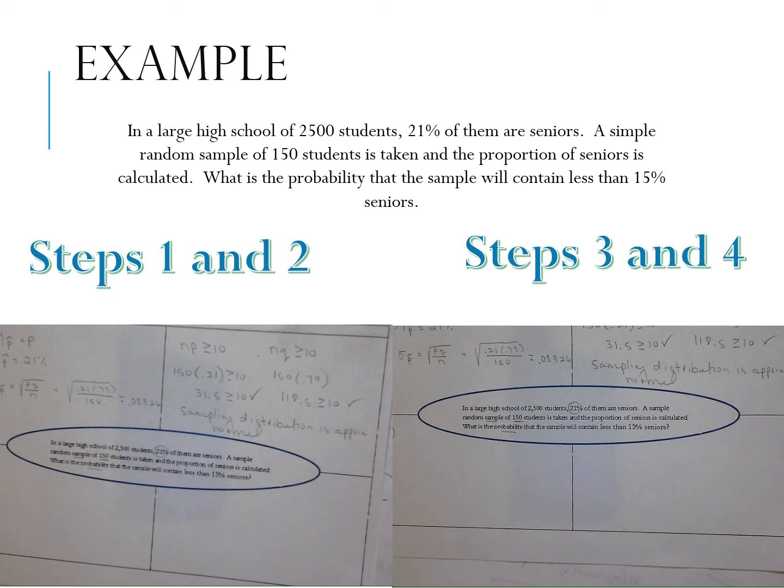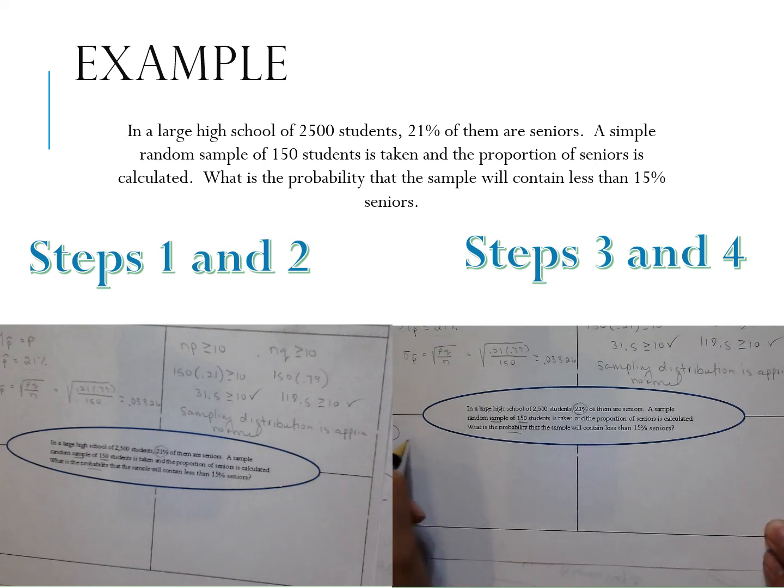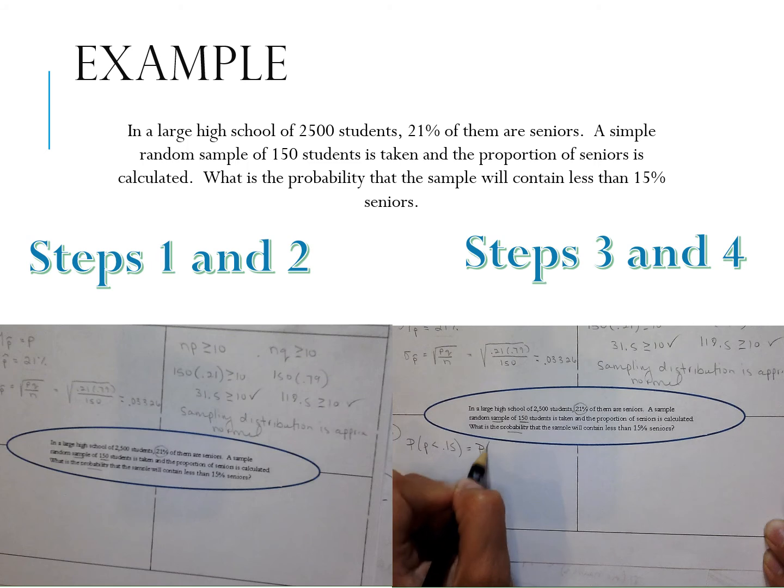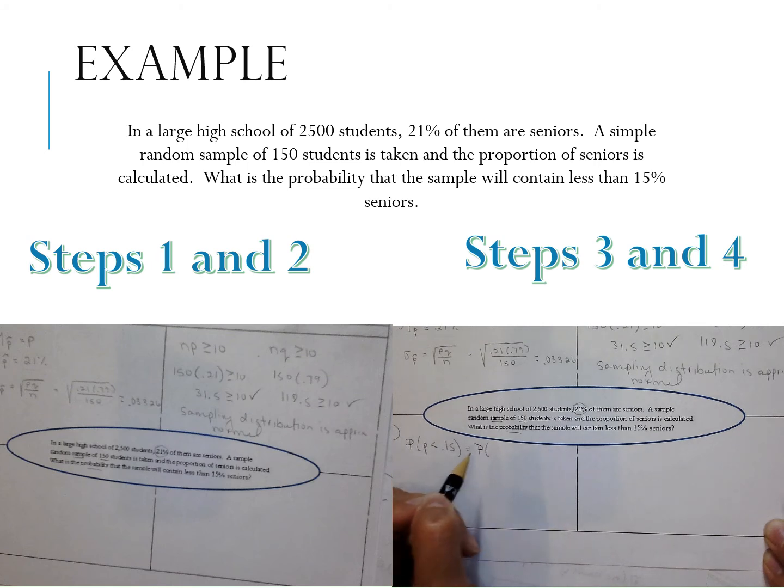Remember, step 3 is writing the probability statement with the z-score calculations. That probability statement is going to be the probability that p hat is less than 0.15, so that's what it's asking. The probability that it's less than 15% seniors is equal to the probability that, remember our z-score calculations, it's x minus mu divided by the standard deviation.